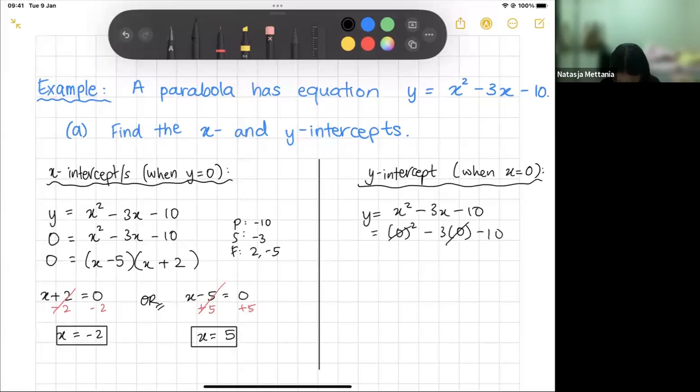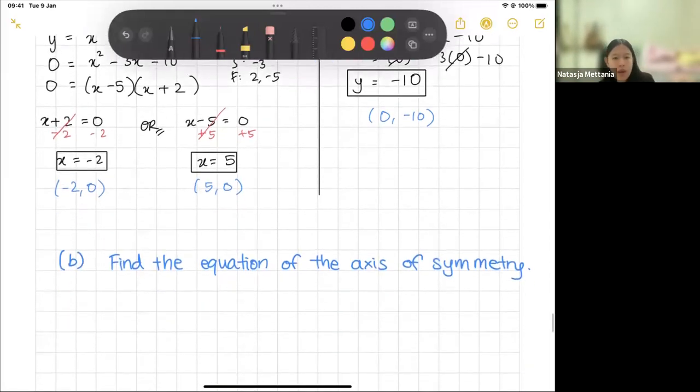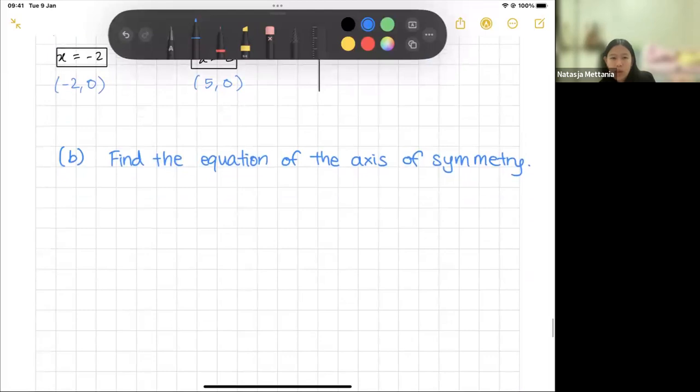This will turn into 0. So I have negative 10 equal to y. So therefore, my coordinate will look like this. 0, negative 10 for my y-intercept. And the x-intercepts will be 5, 0, and negative 2, 0. That's what my coordinates will look like. All right, that is my x and y intercepts.